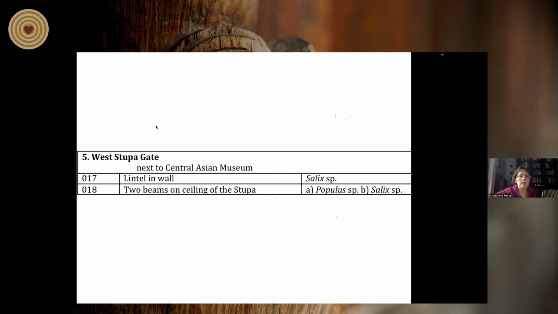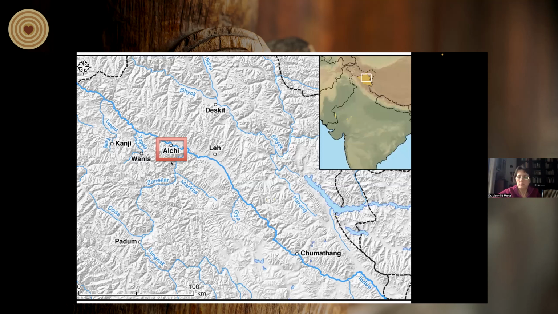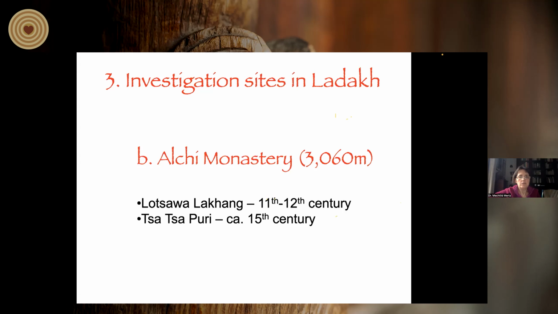And then we went down the Indus River and first went to Alchi Monastery, which is about 3,000 meters high. And there are two temples, Lotsawa and Tsatsapodi.